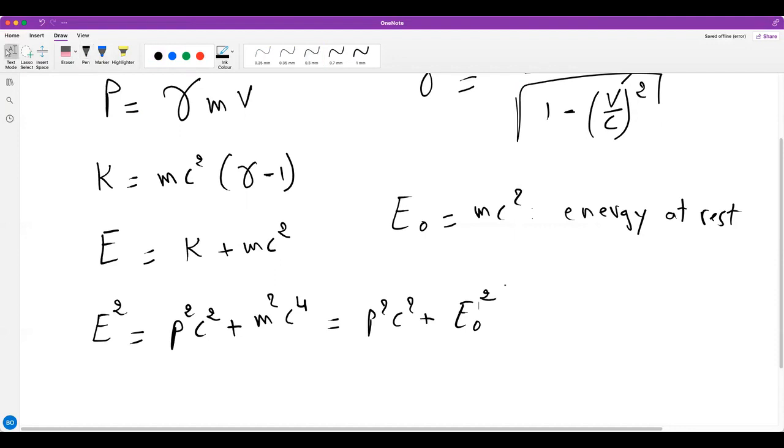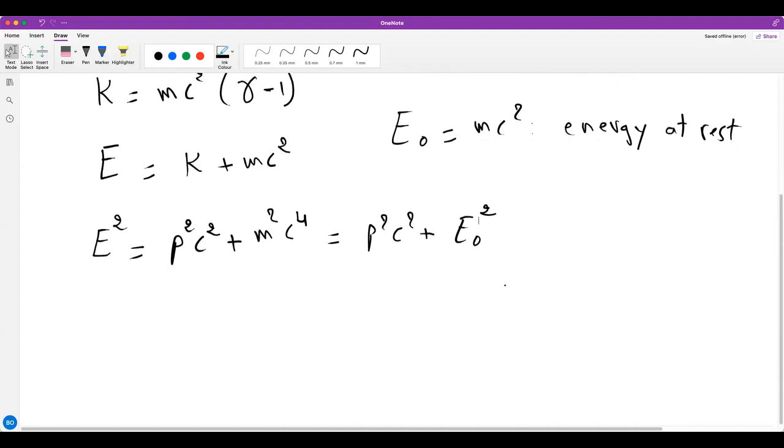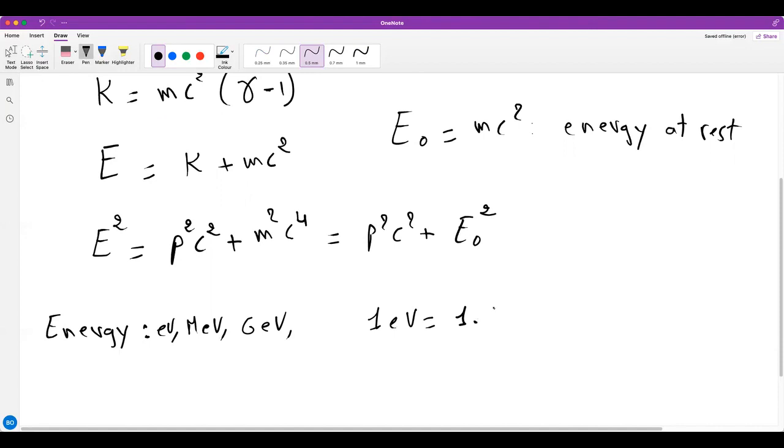Now, interestingly, most of the energy, whether kinetic energy or total energy, is expressed in electron volt, mega electron volt, kilo electron volt, giga electron volt, etc. So 1 electron volt is equal to 1.6 times 10 to the minus 19 joule.